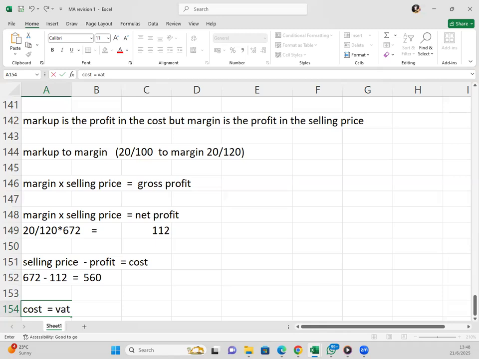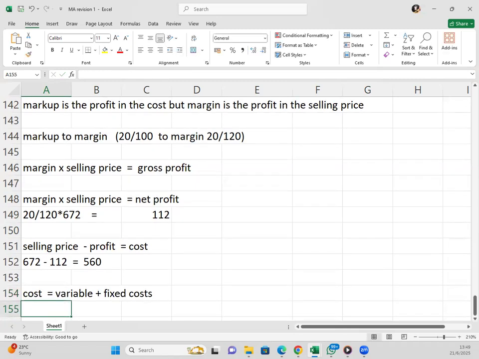They are variable and fixed costs. So we are told the costs are 560, but the question is asking how much are variable. We don't know the variable, but we are also told the fixed costs.